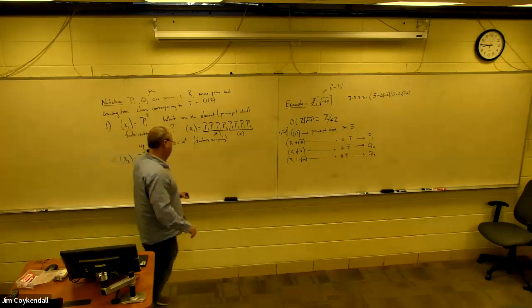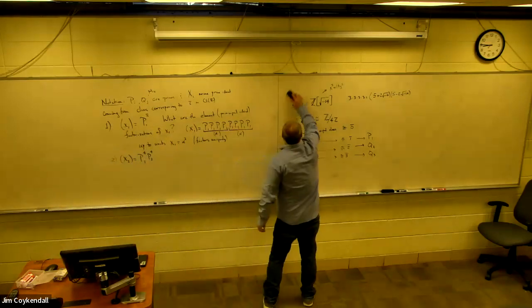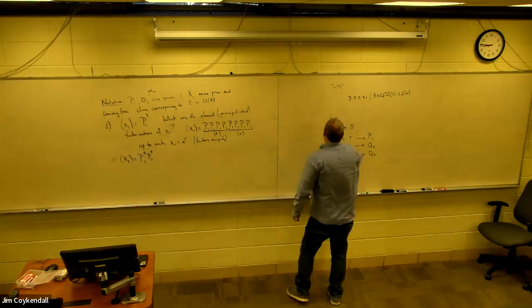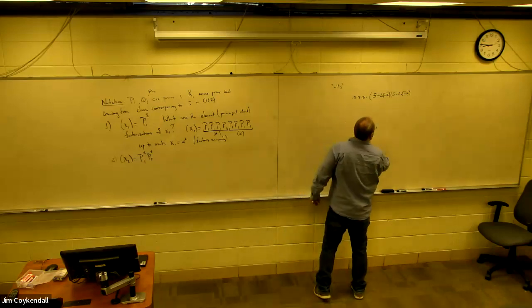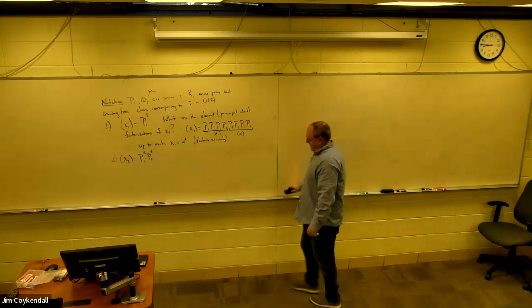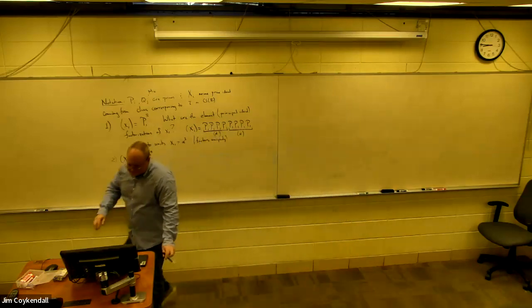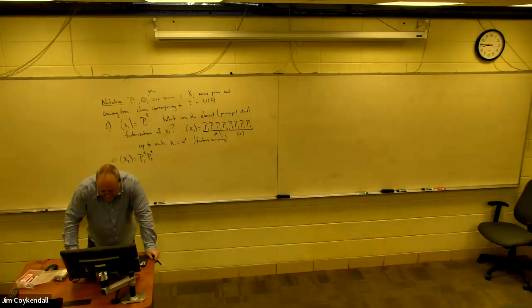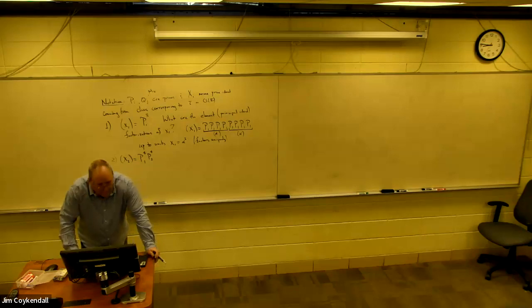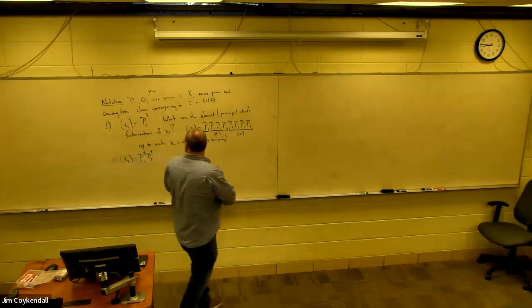How many factorizations does this one have? Or how can we factor this one? Your P1s all bunched together: alpha, beta squared, or some gamma squared.